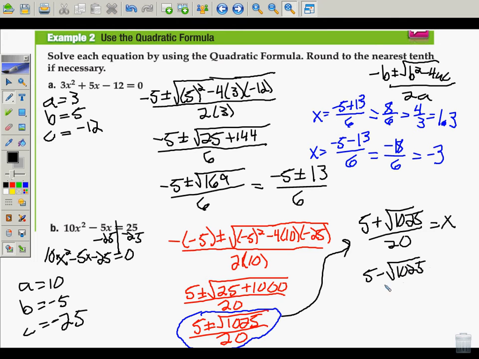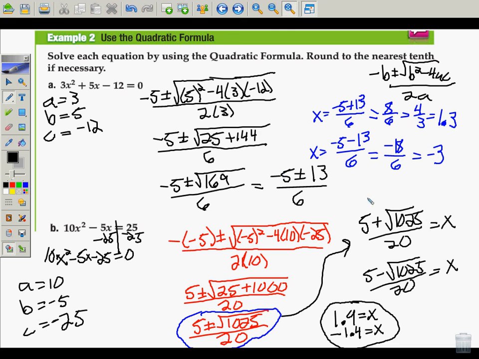And the decimals would be about 1.9 equals x, when you add it, and you would get about negative 1.4 when you subtract it, and those would be your two answers. I don't need you to show me that long written out decimal. Just leave it as a square root to save yourself a little bit of work.